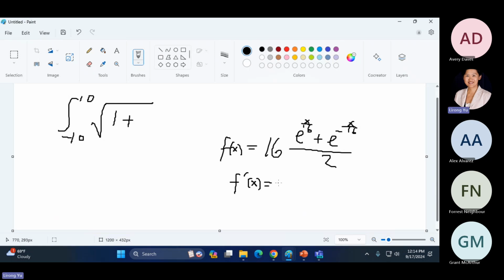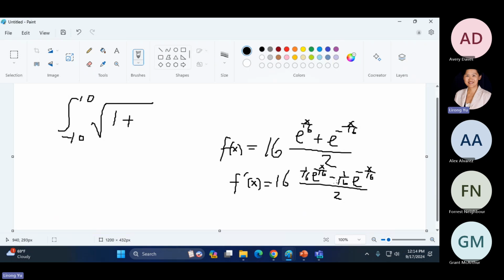So we will have 16, and then 1 over 16 e to the x over 16 minus 1 over 16 e to the negative x over 16, over 2. So this will be the derivative. As you were calculating the derivative, because of the chain rule there's a 1 over 16, so the 16 will cancel the 16 here.